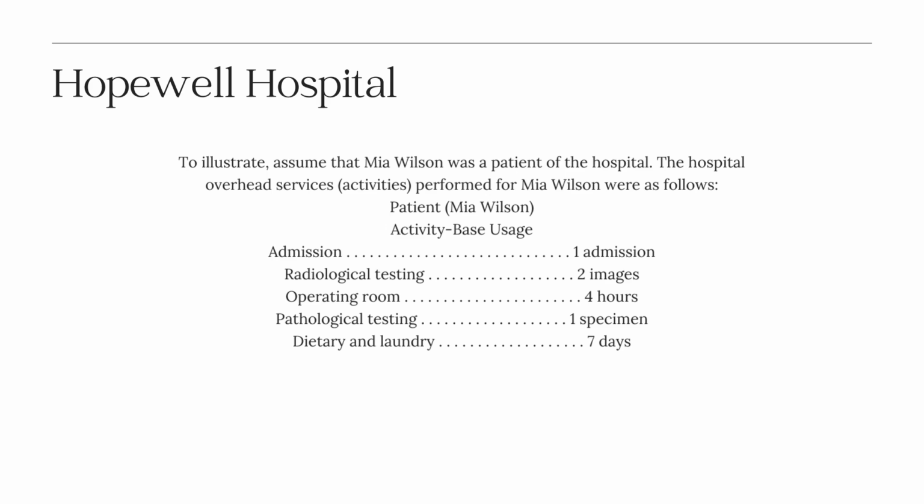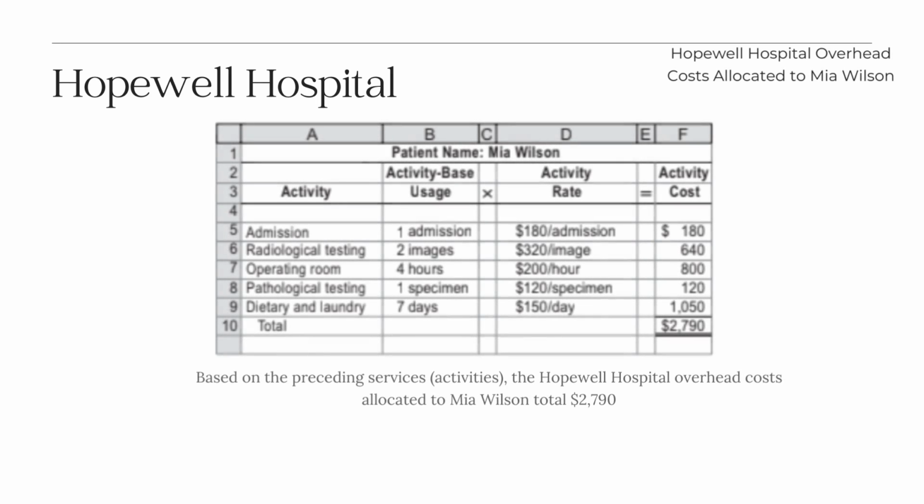For admission, that is 1 admission times $180 per admission, that is $180. For radiological testing, we've used 2 images times $320 per image, that is $640. For operating room, used for 4 hours times $200 per hour, that is $800.